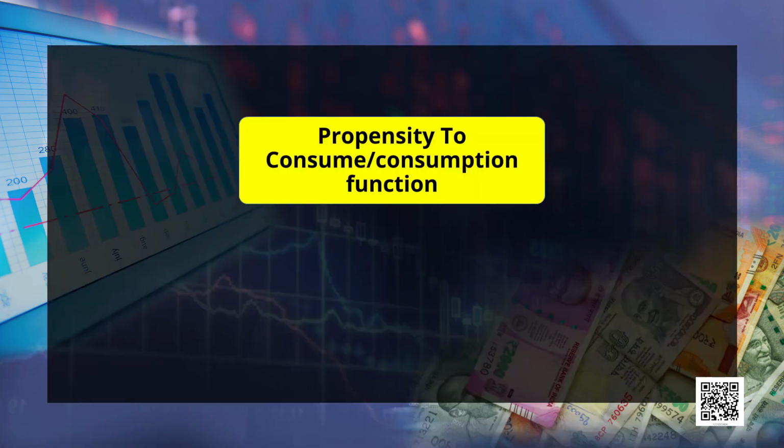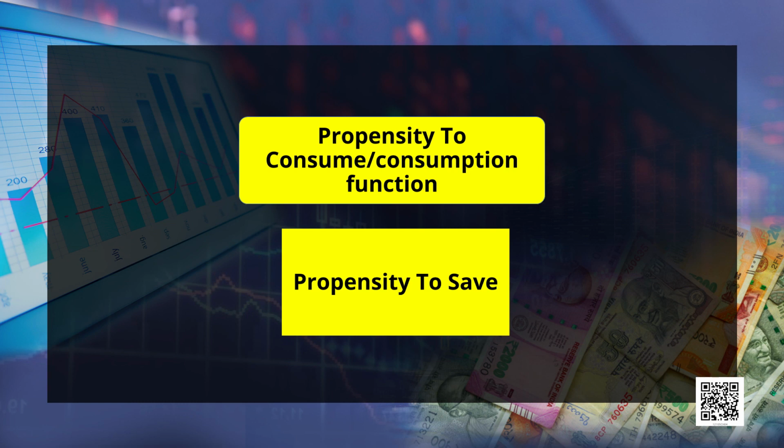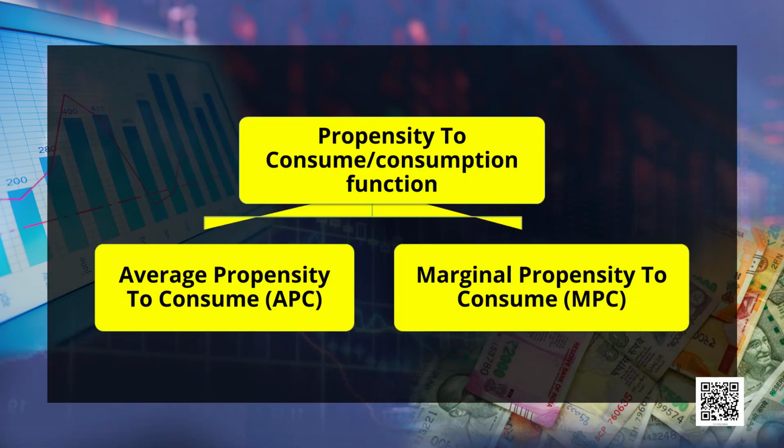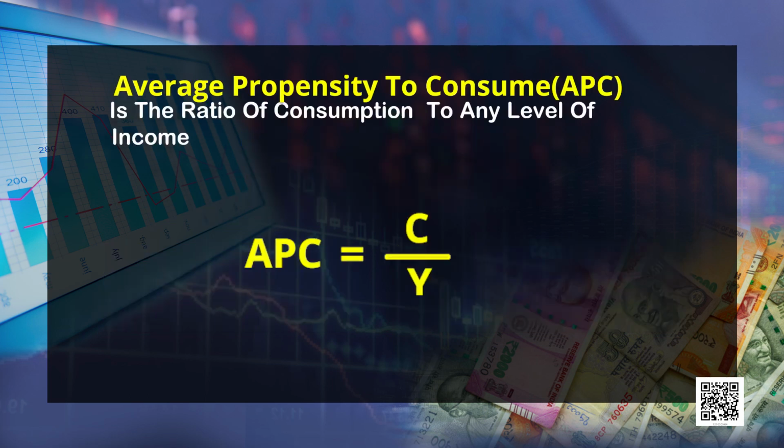So now let's move on to our next basic concept, that is propensity to consume and propensity to save. Propensity to consume is further divided into two parts, average propensity to consume and marginal propensity to consume. Average propensity to consume is the ratio between total consumption and national income. It is derived by the formula C divided by Y, where C represents total consumption and Y represents national income.